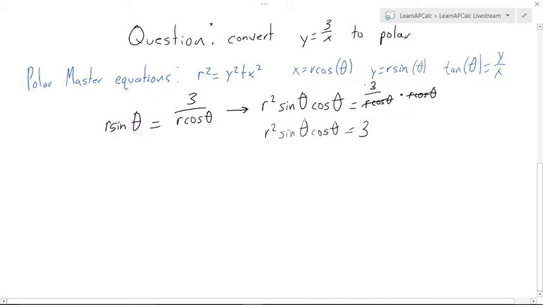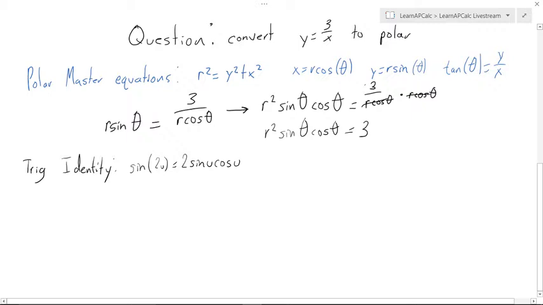Now, I assume that this is some sort of problem that was made up, because normally you might not be able to simplify this, but here we can make it a little simpler. So if you remember our double angle identity, we have the trig identity sine 2u equals 2 sine u cosine u.